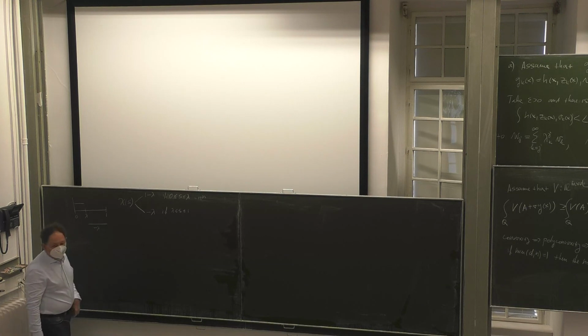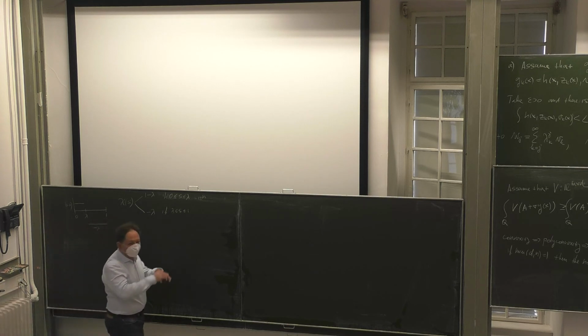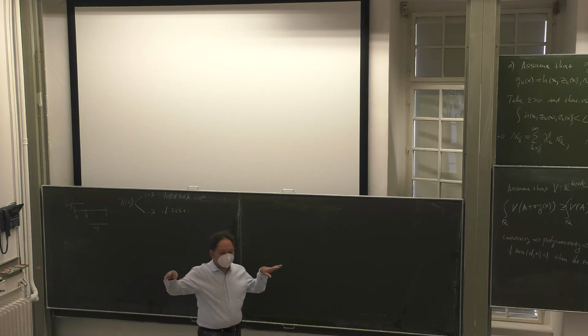The aim was to get the integral to vanish. The area here is the same: 1 minus lambda times lambda is the same as lambda times 1 minus lambda. So I take this function and I extend it periodically to the whole real line.